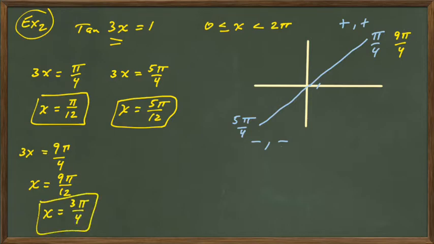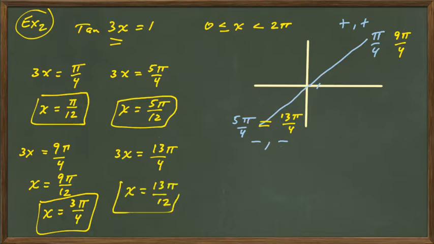Now, are we still between 0 and 2 pi? Yeah. So I have to keep going. What would this one be if I added 8/4 to 5/4? Would that be 13/4? 13/4. If you multiply by 1/3, what's x going to equal? 13/12. Am I to 2 pi yet?